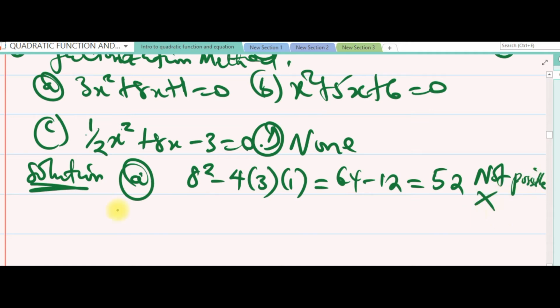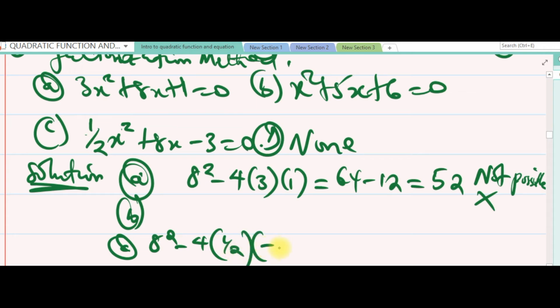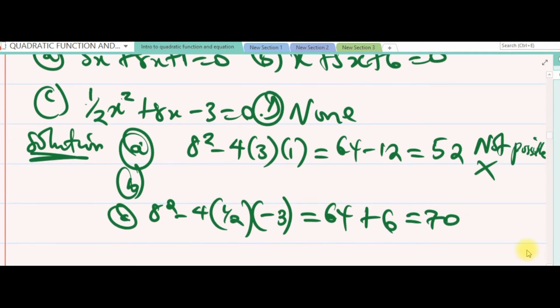Let's solve the third one first. The third one: 8 squared minus 4 times a half times minus 3. So this is 64, plus 6 is 70. So 70 is not a perfect square, so not possible.